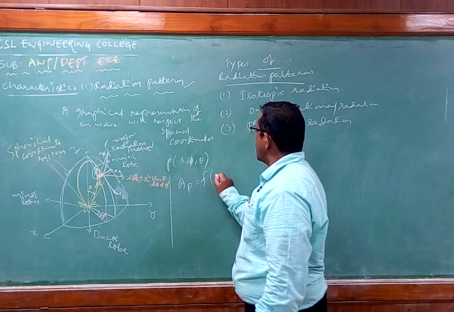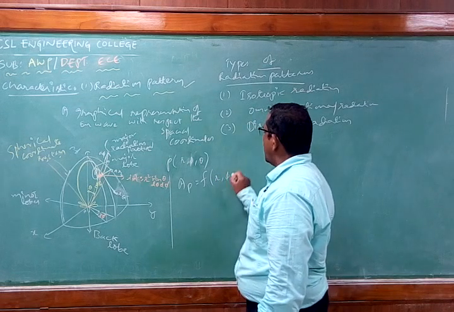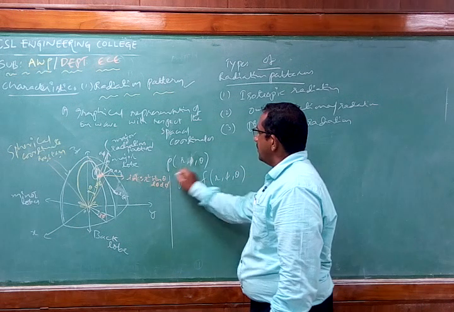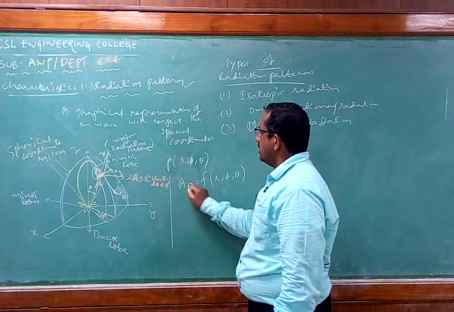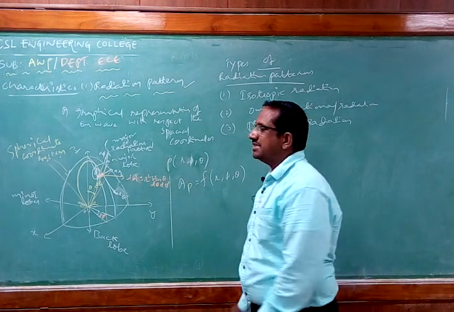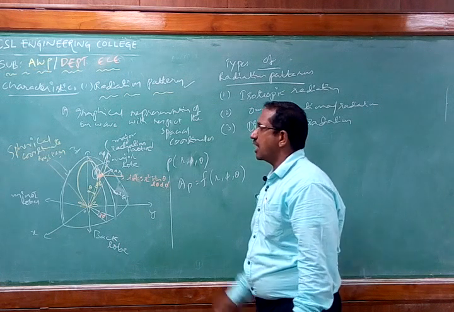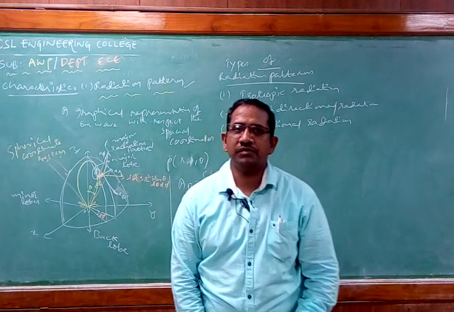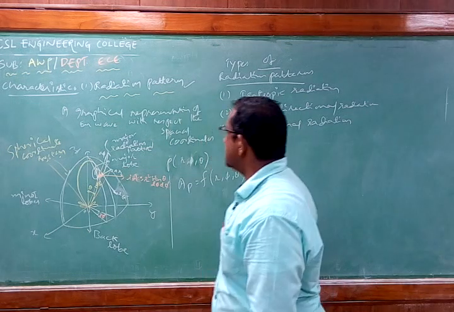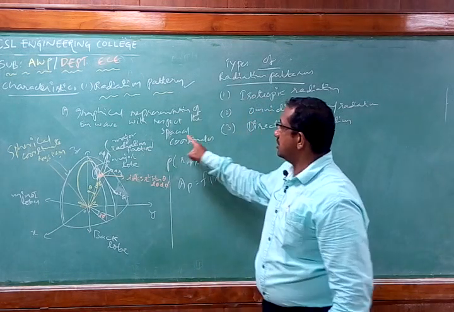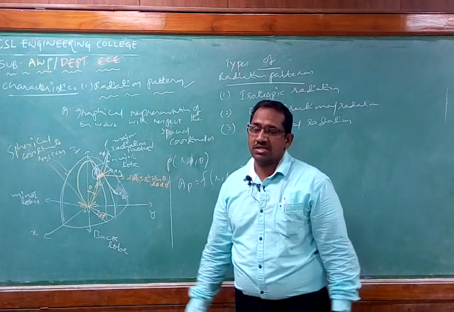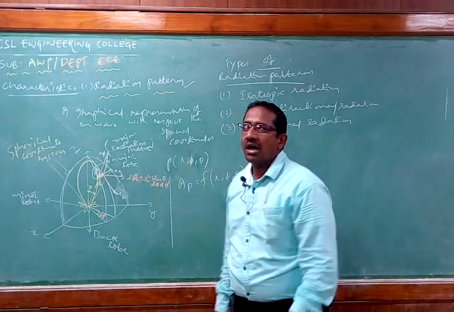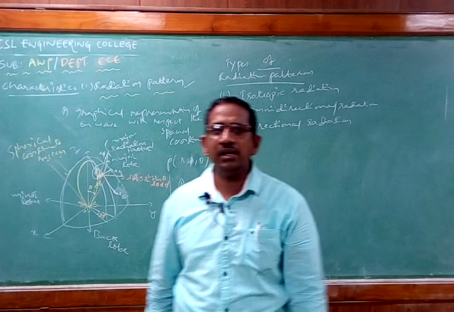What are the spatial coordinates that we have? R, phi and theta. So with respect to this r, phi and theta, we get an antenna radiation pattern. So that means the antenna radiation pattern is basically a graphical representation of an EM wave propagating in free space, which depends on the spatial coordinates. Spatial means x, y, z, r, theta, phi, all these are the spatial domain coordinates.